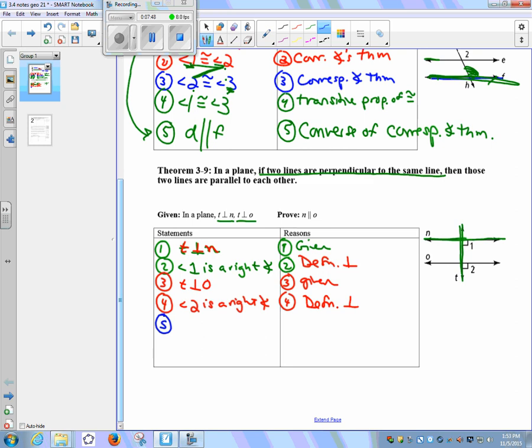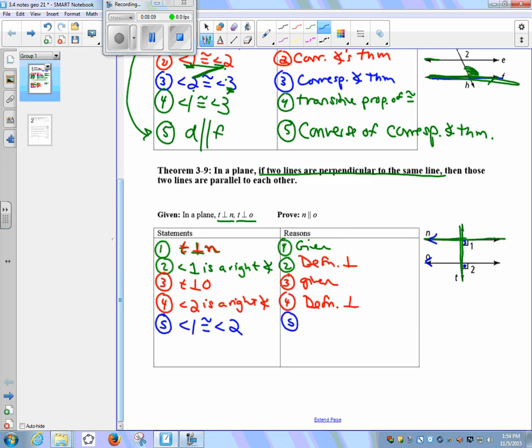Well, if they're both right angles and I'm trying to get N parallel to O, I want to be able to say these two angles are congruent and therefore lines are parallel by converse of corresponding. So am I ready to say angle 1 is congruent to angle 2?